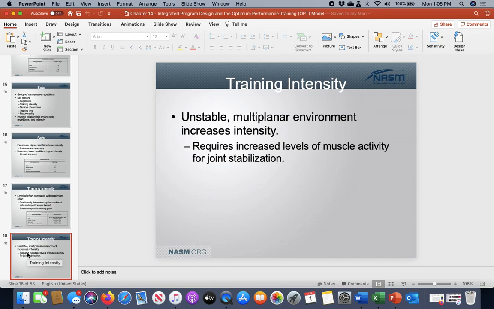Yeah, I get what they're trying to do, but there's also been some research, not a lot, but it's very convincing actually, that has shown that training on unstable surfaces actually decreases performance because you're turning on muscles that slow down movement, joint stabilization, versus trying to turn on motor units, muscles and nerves that are going to speed up. So it's really a catch-22. You've got to think about these things critically. Okay.